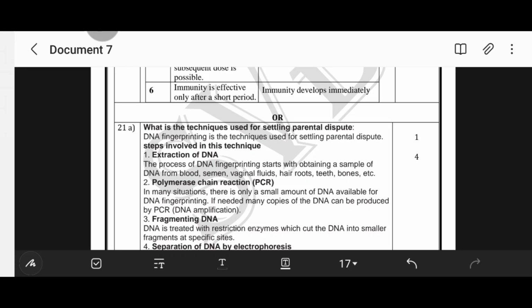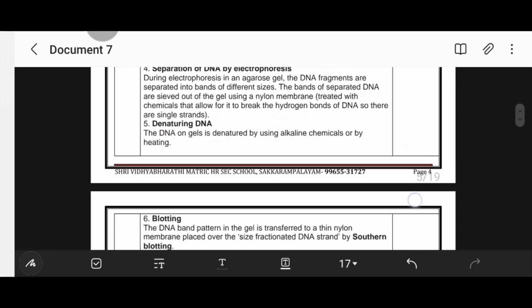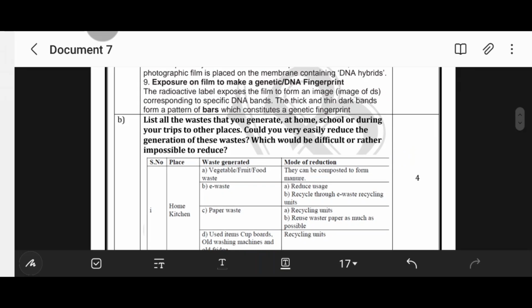DNA fingerprinting is the technique used for settling parental dispute. Then we have to write the steps involved in DNA fingerprinting. So totally 5 marks.